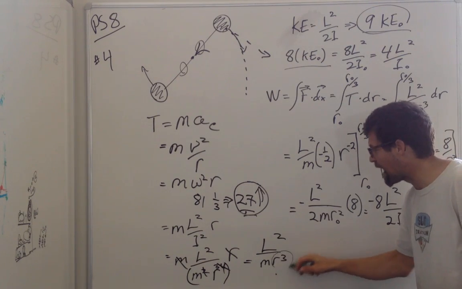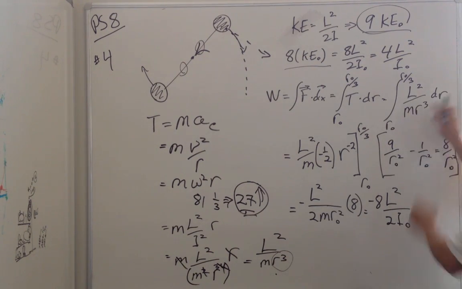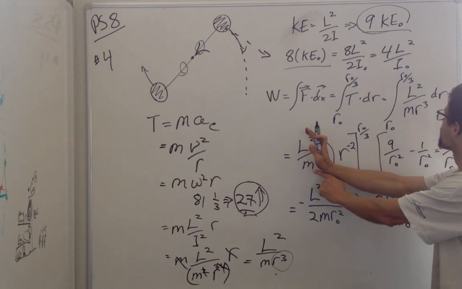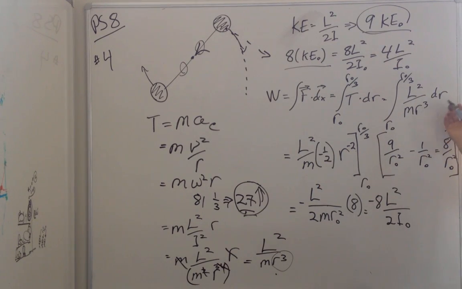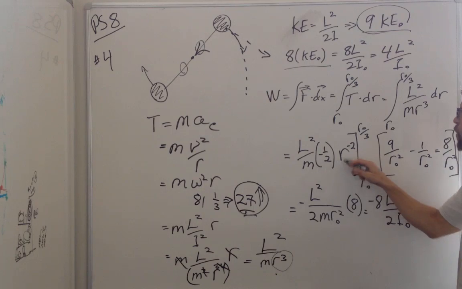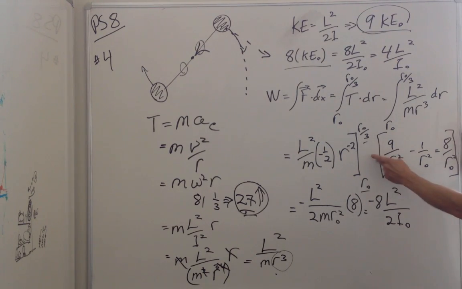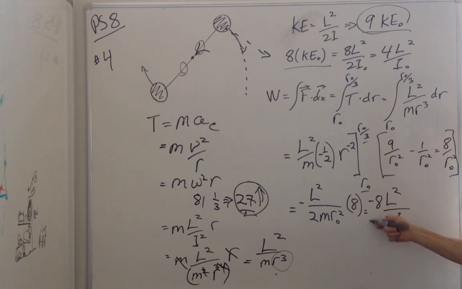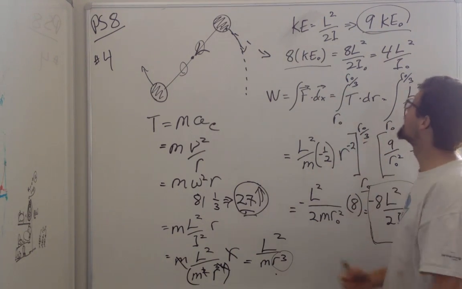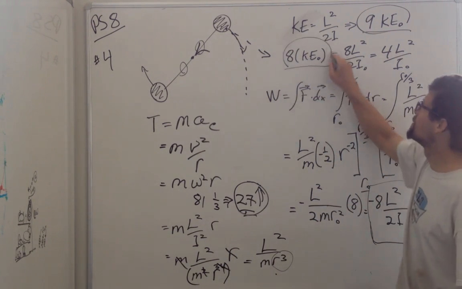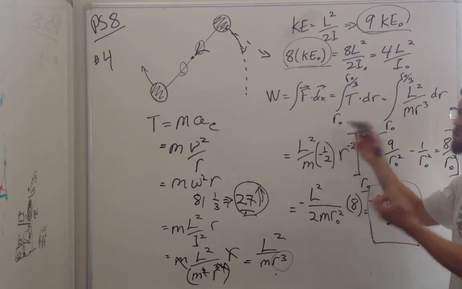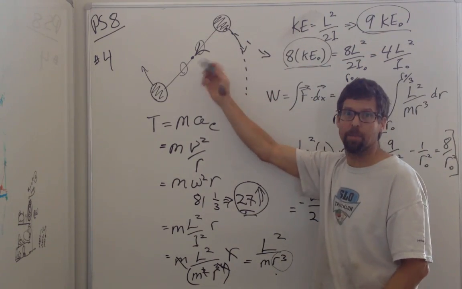The key factor is r cubed is in the denominator, and these are constants, so they come out of the integral, and we just have to integrate r to the negative 3, which is negative 1/2 r to the negative 2, and we evaluate it at its limits, which is just 9 over r squared minus 1 over r squared is 8 over r squared. And substituting in, we find, sure enough, the work done by that motor pulling them in is equal to 8 times the original kinetic energy, which accounts for the extra energy that we got in the process.